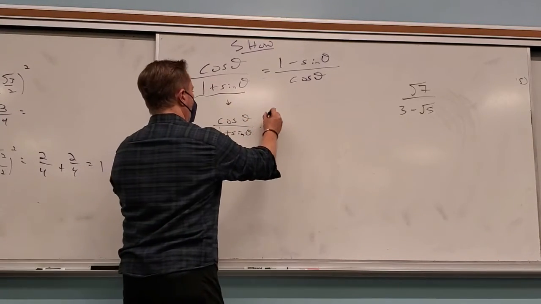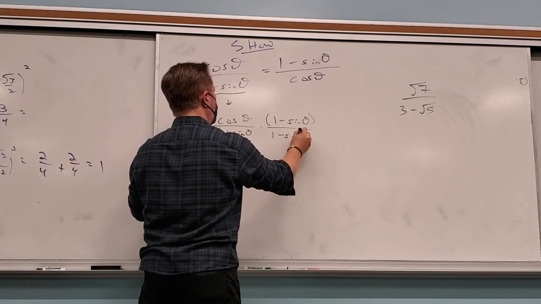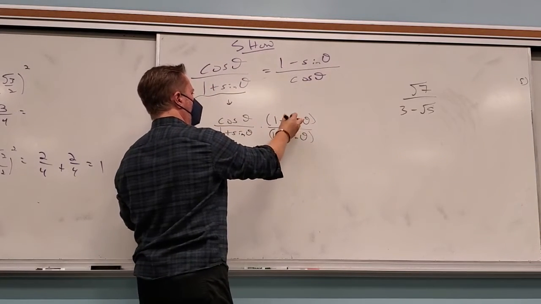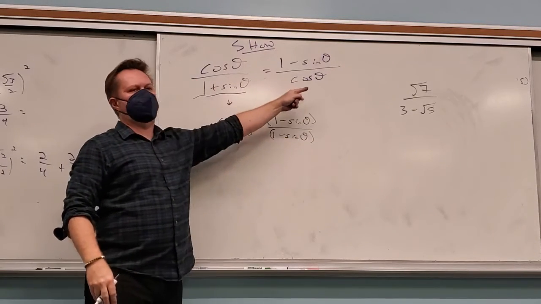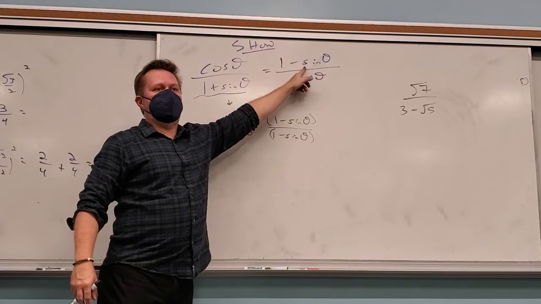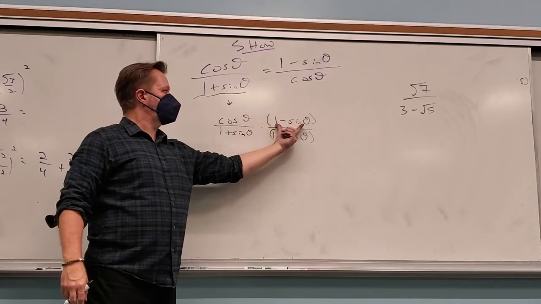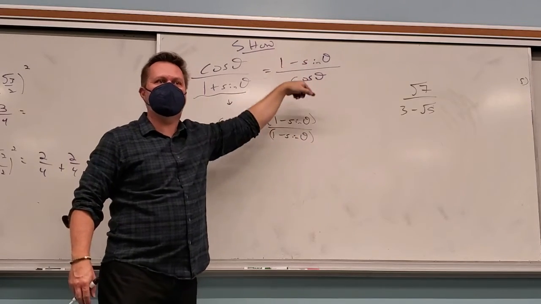So if I multiply top and bottom by 1 minus sine theta, does anyone see why this makes sense to do in a different way? What is on the top of this side? 1 minus sine is on the top, isn't it? So if I multiply the top by 1 minus sine, I'm one step closer to making it look like this.